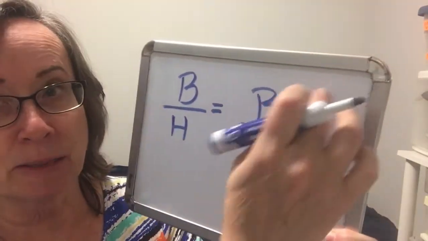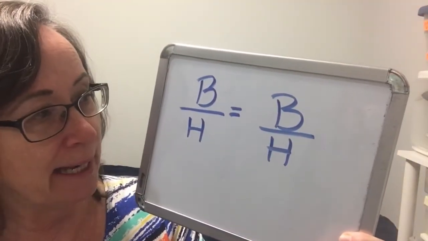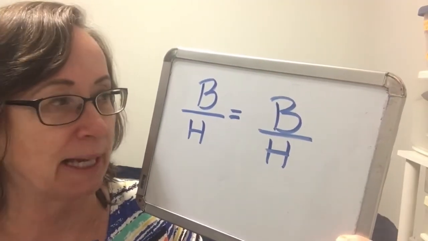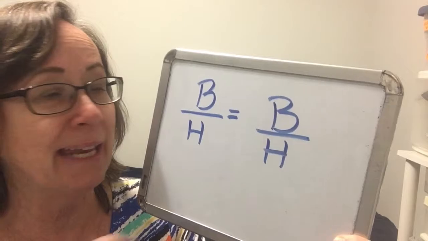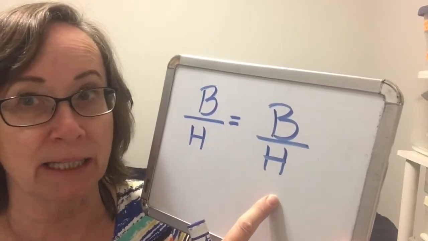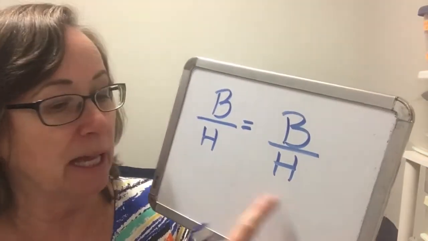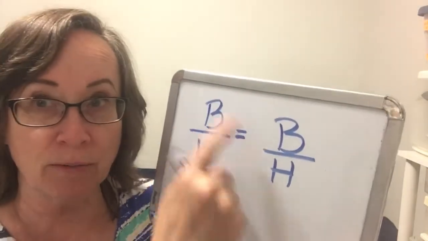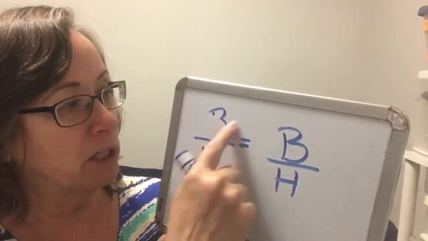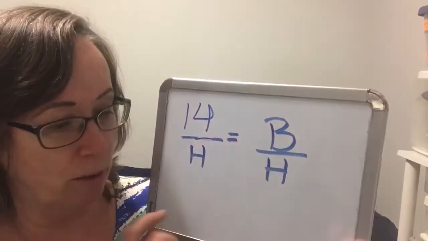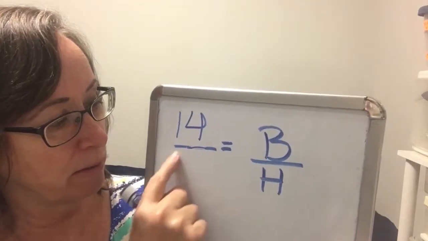Bags to hours is bags to hours. Okay, now, it doesn't matter this way which one I put on top because I'm going to cross multiply. And in this method, I don't really keep my units hanging around like I do on the other one. But we're going to put our given ratio here, which is 14 bags to 3 hours.